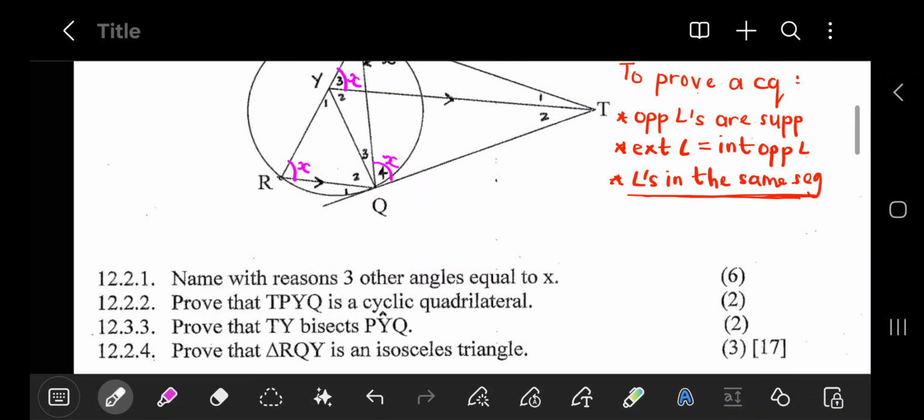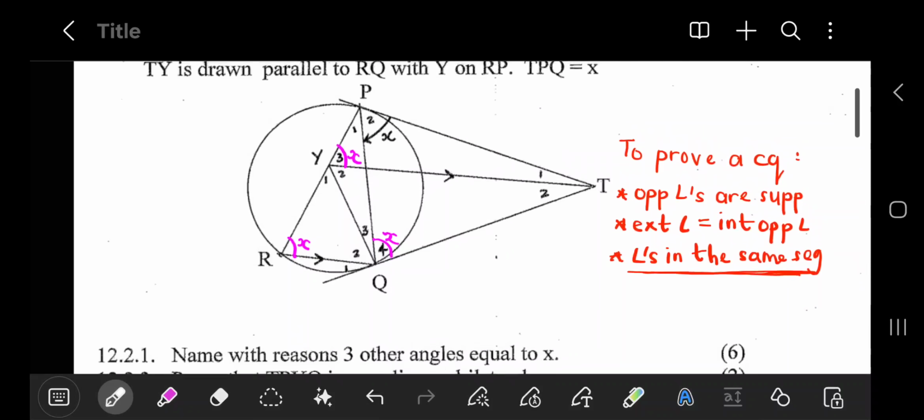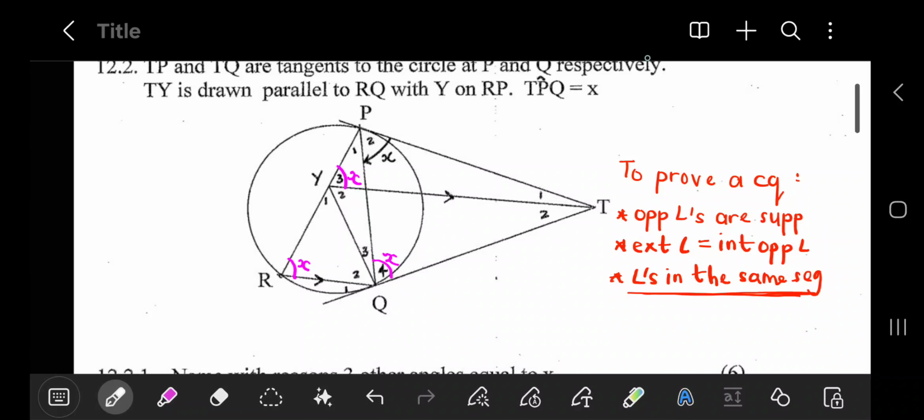So to prove that TY bisects PYQ, firstly, here is angle PYQ. If we follow PYQ, we see that it's made up of Y2 and Y3. So we basically need to show that Y2 and Y3 are equal to each other.